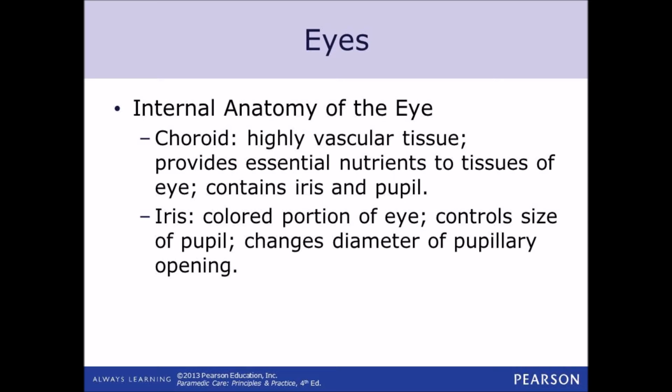This portion again has some musculature around it. When we get to the slide on there, it'll show that. That's going to allow it to dilate and to shrink. With this, it's going to affect the pupillary size. This also is the colored portion, which color is basically determined by genetics and how that comes out.